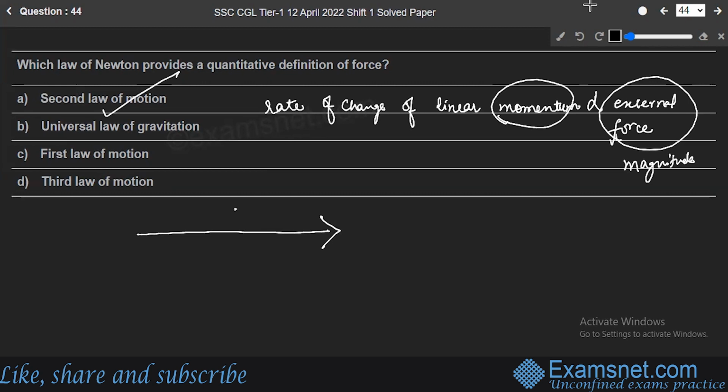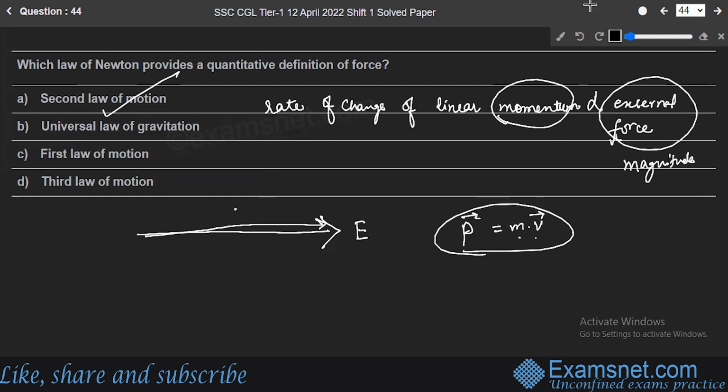Like if you are applying the force in the east direction, then the motion will take place in the east direction only. So this can be written as P, which is vector quantity, is equal to mass into V. That's P, the momentum. If a body of mass M moves with a velocity V, then this is the linear momentum of the body, where V is the vector quantity.